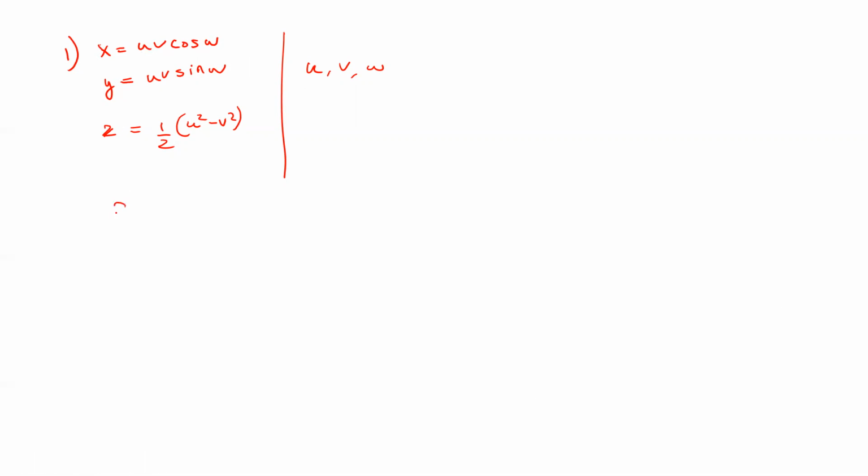Now we know the line element in the old coordinate system is dx square plus dy square plus dz square. Now we're asked to find out the line element in the new coordinate system. Of course, it is du square plus dv square plus dw square.